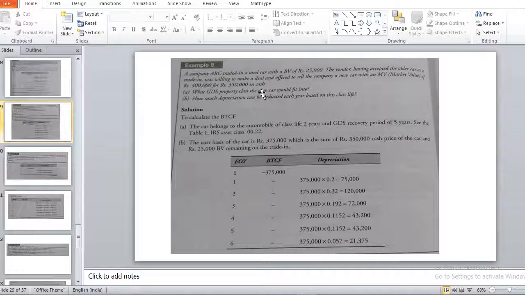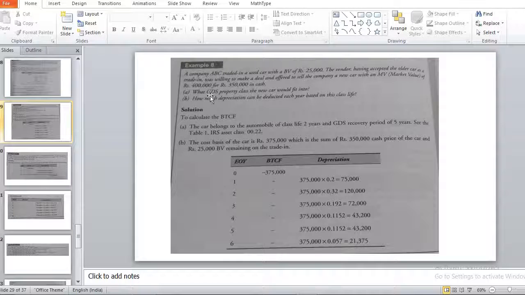So the total amount is considered as 3,75,000.